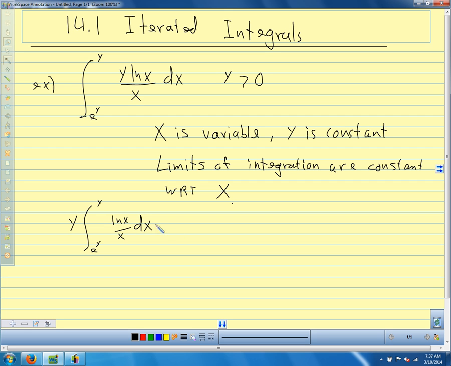So this is going to be y over 2 natural log x quantity squared, and we're evaluating that from e to the y to y.